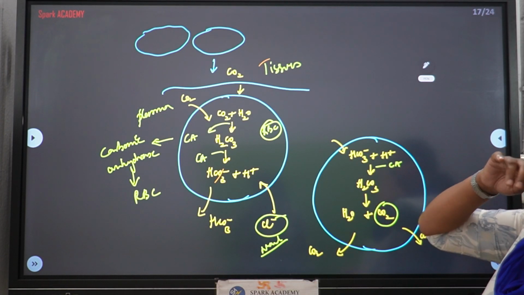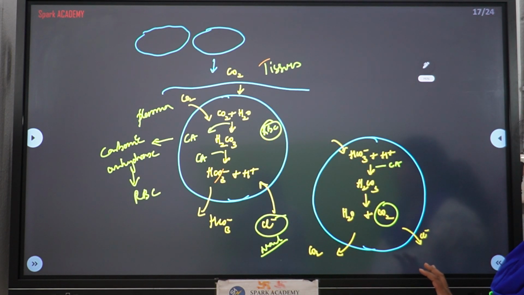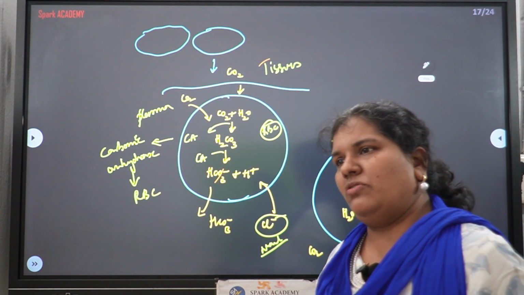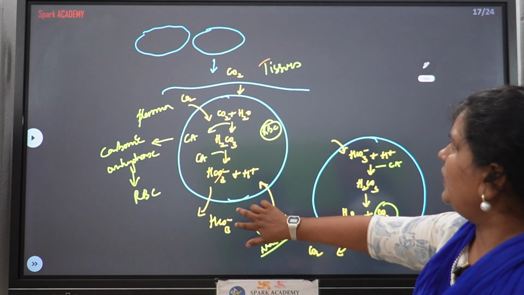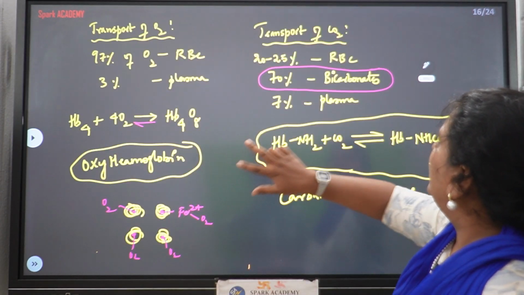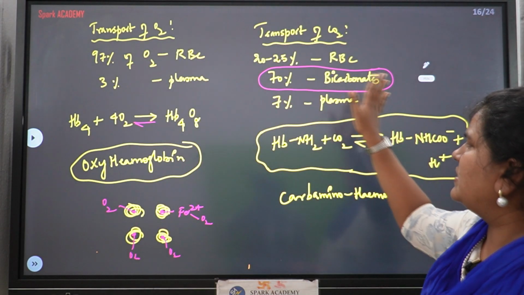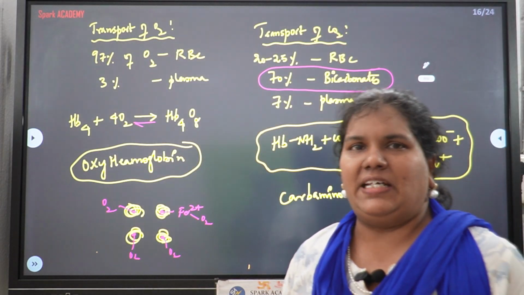So this is how carbon dioxide is transported through the RBC in the form of bicarbonate ions, and it is also transported 20 to 25% through RBC as carbamino hemoglobin, 70% as bicarbonate ions and 7% dissolved in plasma. So this is how transportation of gases will happen.